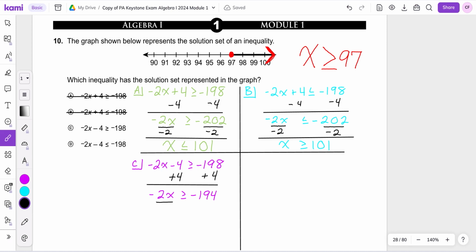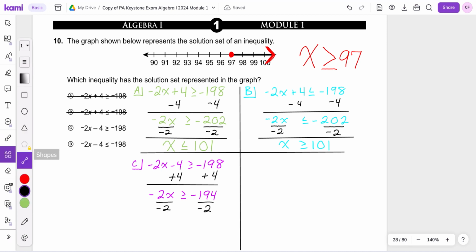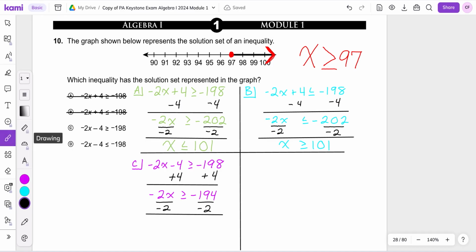Divide both sides by negative 2. And like we've done in A and B, dividing by a negative flips the inequality sign to now x is less than or equal to 97. So the number's good, 97, but the arrow or inequality sign of shading is incorrect.